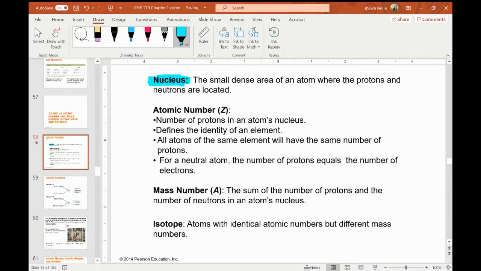To describe the nucleus of a particular nuclide or a particular atom, we use two numbers. We use the atomic number and mass number. The atomic number is the number of protons in an atom's nucleus.